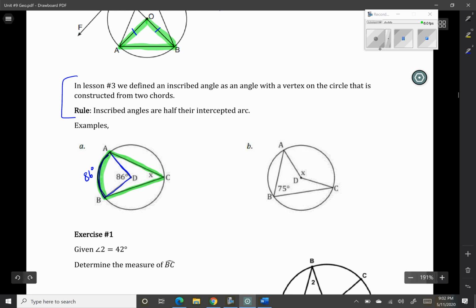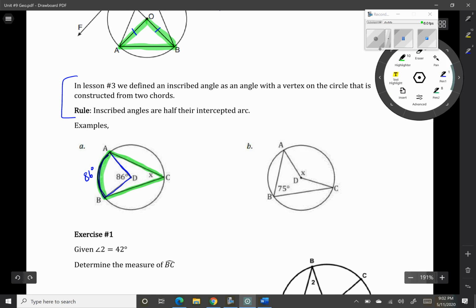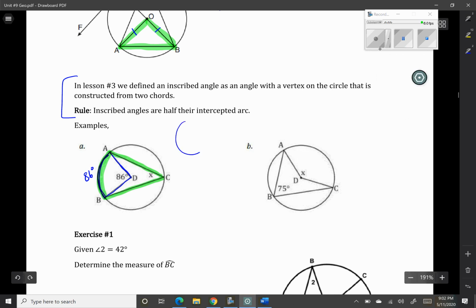So if I was to look at this picture without all of this other stuff going on here, like if I had this circle and I just had this intercepted arc of 86 degrees and this inscribed angle of x, we'd be able to say that this angle of x is half of that arc. So I can say angle x is 43 degrees, because x must be half of the arc.